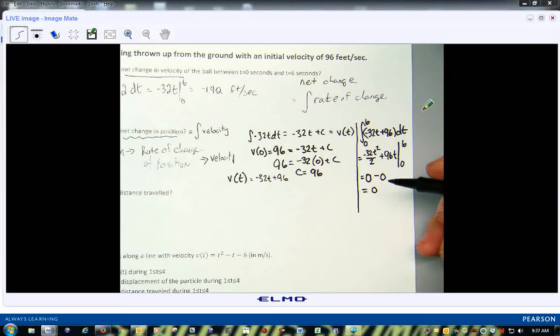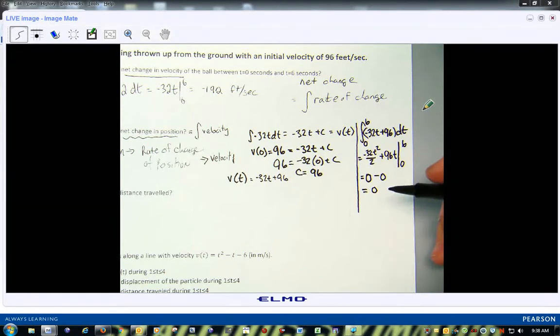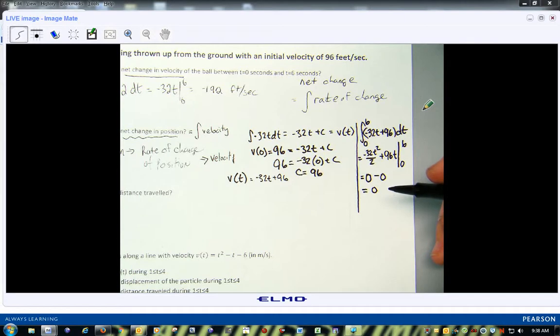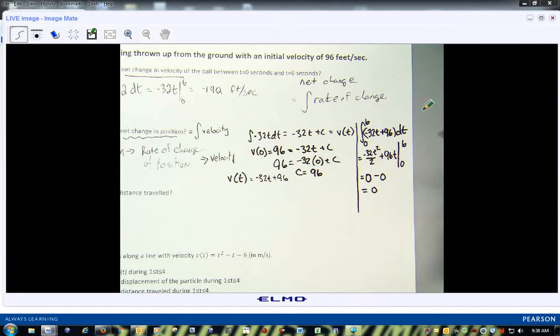So, what's my net change in position? 0. So, if I looked at the ball at time 0, closed my eyes, waited for 6 seconds, and opened my eyes, where's the ball? Same place. Did it look like it moved at all? No. But the thing is, we have to figure out if it actually moved.